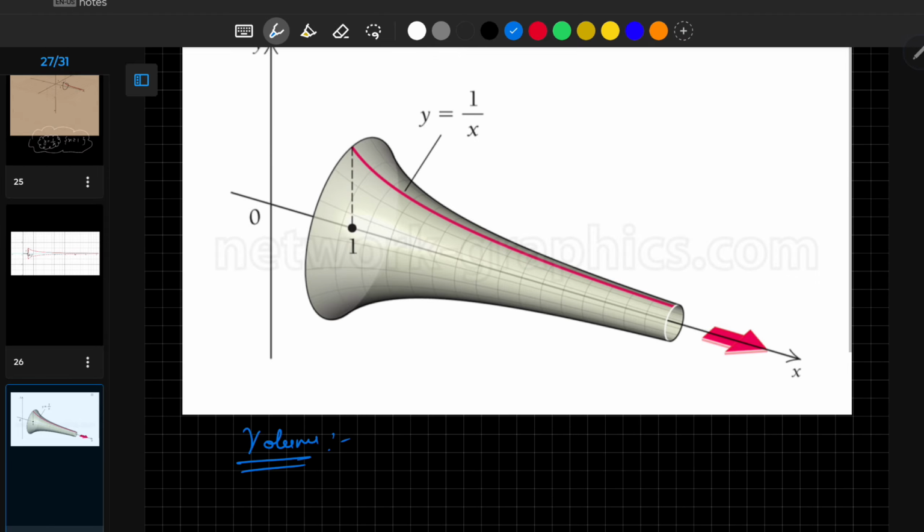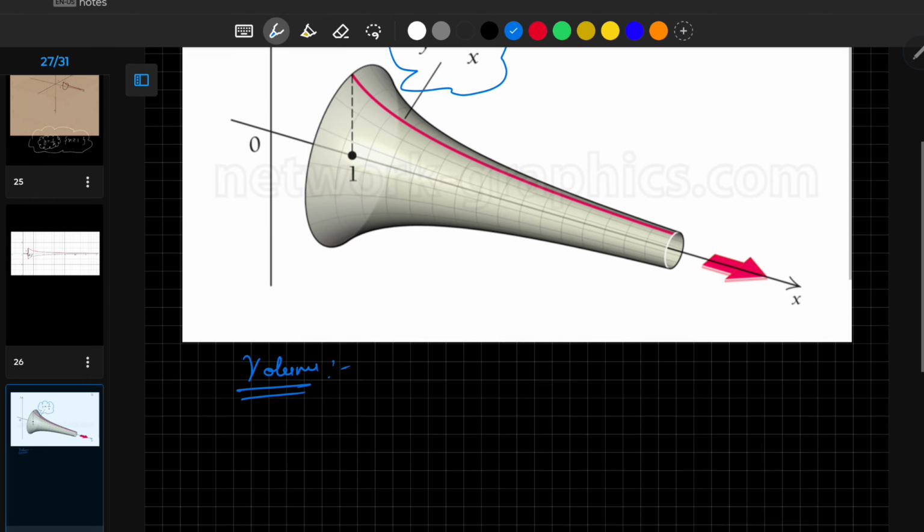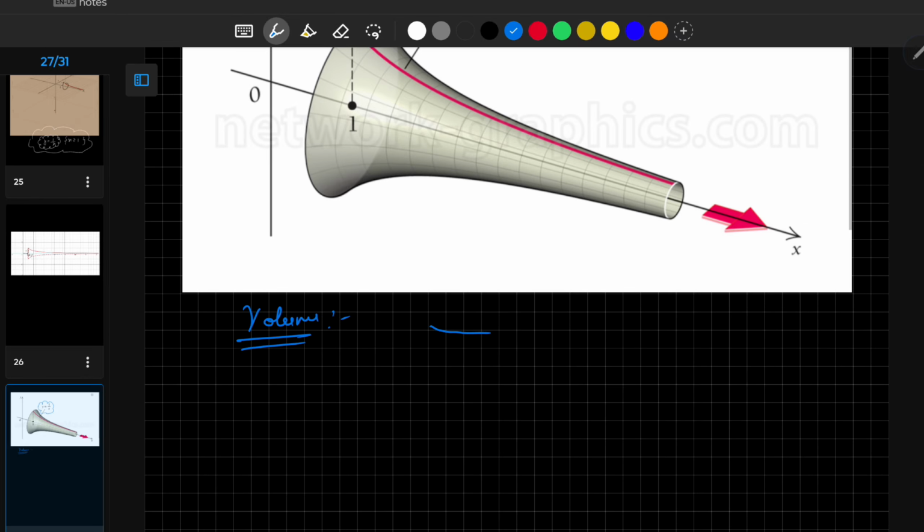I have a function y equals 1 by x. So let us take an element. It is a disk of radius r, and r equals 1 by x, of course. I'm going to take an element of thickness dx.